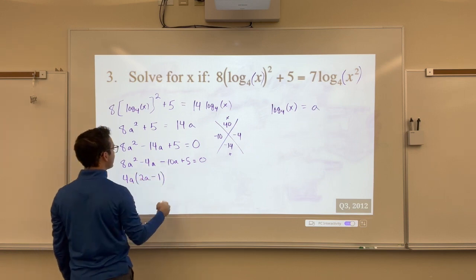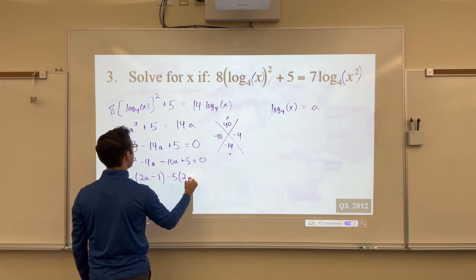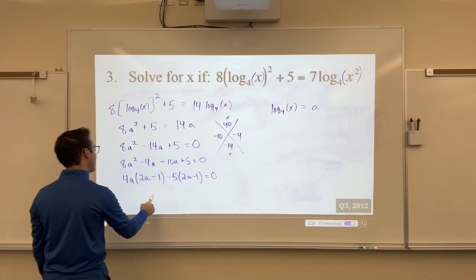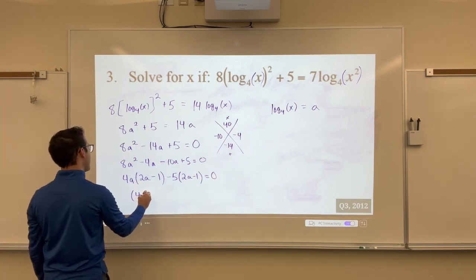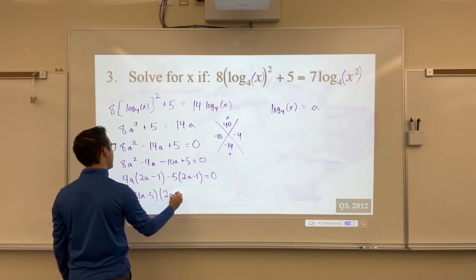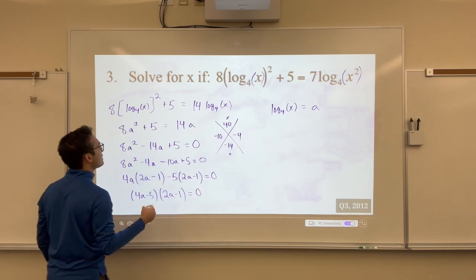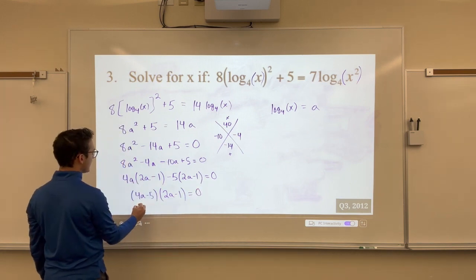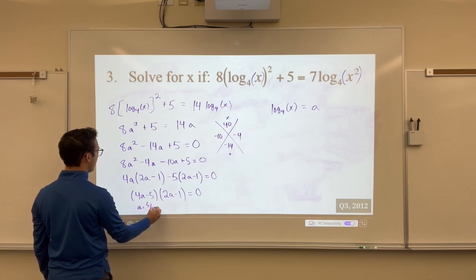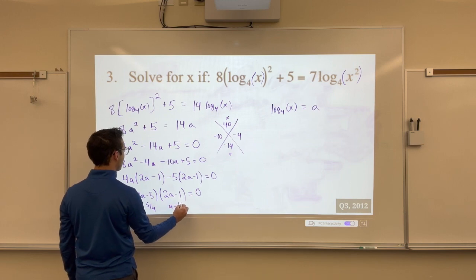And then the common factor here is going to be minus 5, and then we have 2a minus 1 equals 0. So in factored form, that would be 4a minus 5 times 2a minus 1 equals 0. And therefore, here we would say a is equal to 5 over 4, and over here we would say a is equal to 1 over 2.